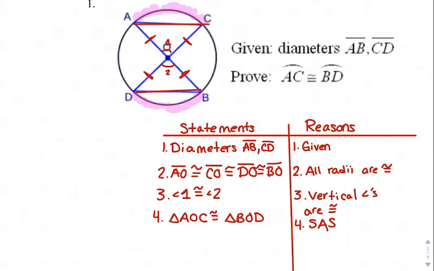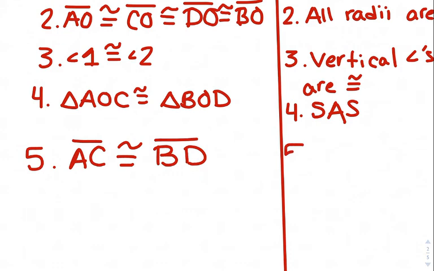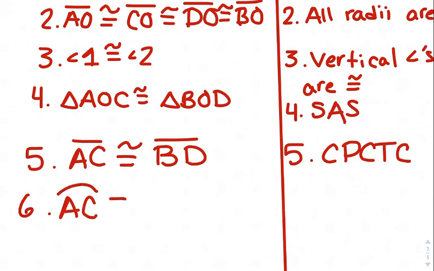Well, if I know the two triangles are congruent, then everything else about them is congruent. Remember, that's called CPCTC. So we can say that AC is congruent to BD because of CPCTC. And now, if we know the chords are congruent, then the arcs must be congruent.